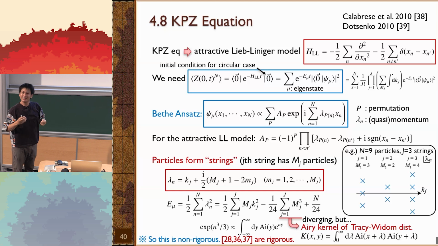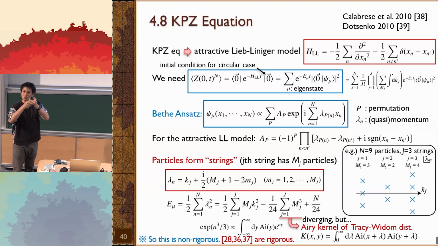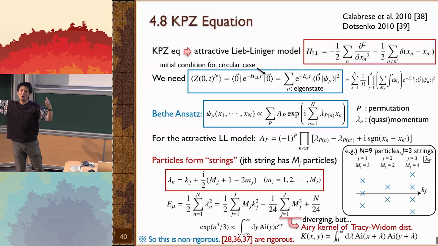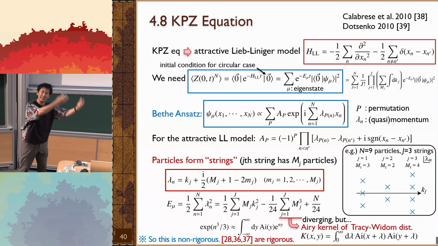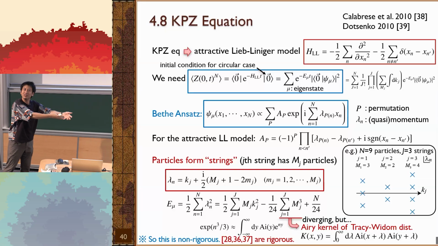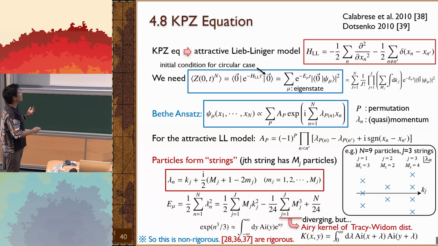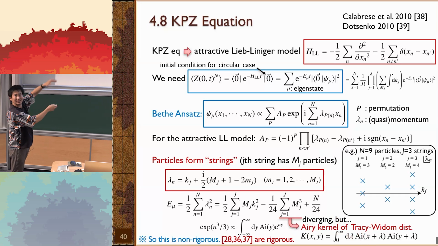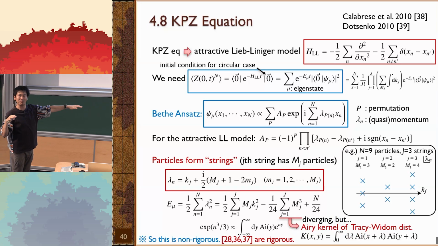It is known that even if we get the moment up to infinite order, we cannot obtain the corresponding distribution uniquely. So we cannot rigorously say that the Tracy-Widom distribution is obtained by this approach. It is a highly non-rigorous approach, but the result seems to be correct.